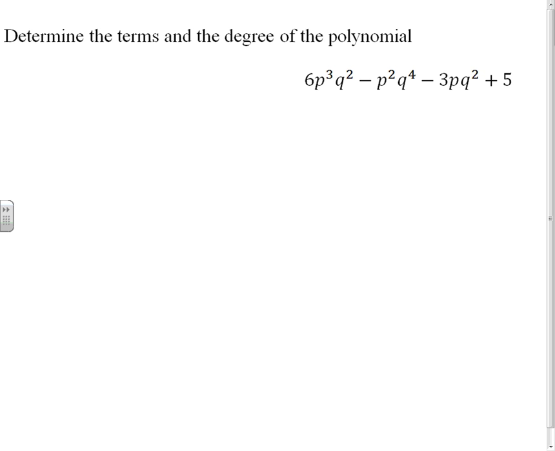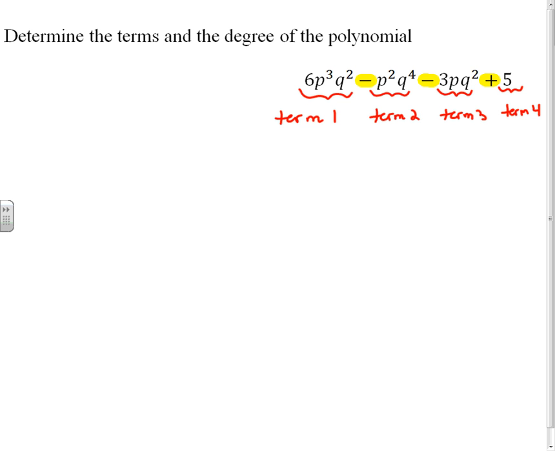As you can see, we have 1, 2, 3 signs here. Therefore, each of these is called a term. So there are 4 terms in this polynomial.